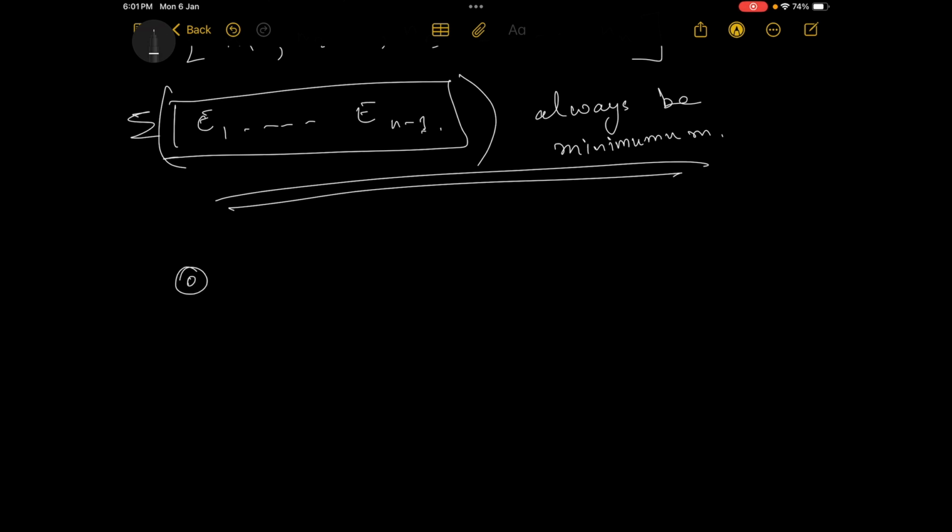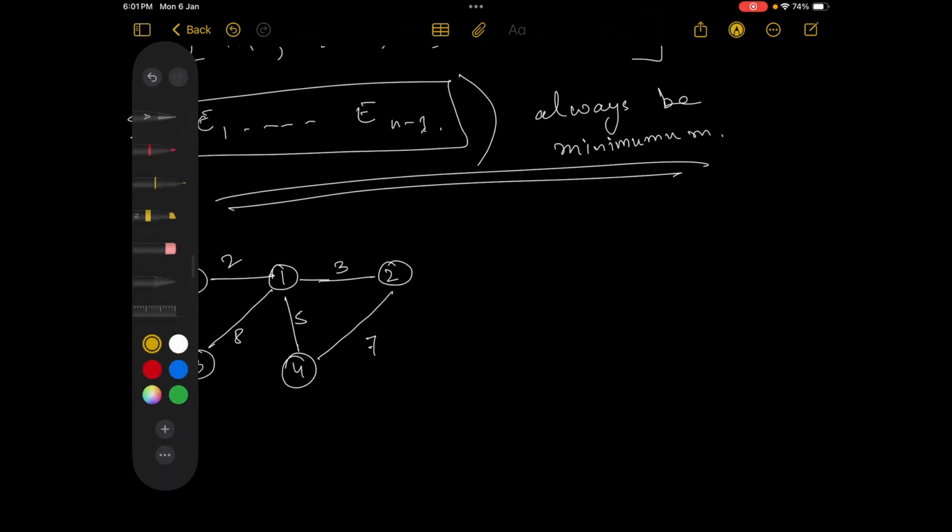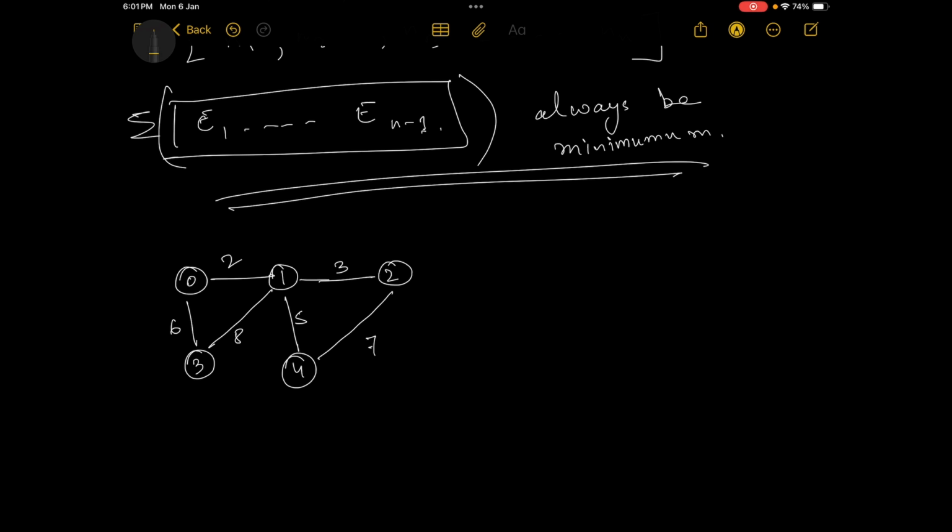Now, again let us draw the graph again, right. So, we have, this is the original graph, this is 1, this is 2, this is 3, this is 4, and we have 7, we have 5, and we have 3, we have 6, we have 8, and we have 2. This is the original graph, right. Now, in order to figure out a spanning tree, right, which should also be minimum, we can say that the graph can be this 0.